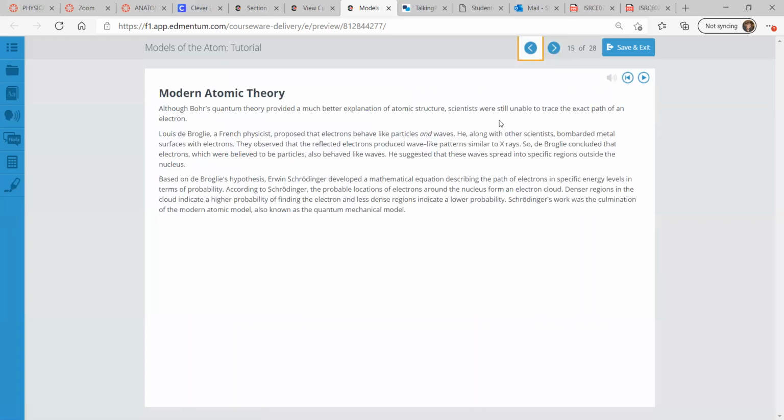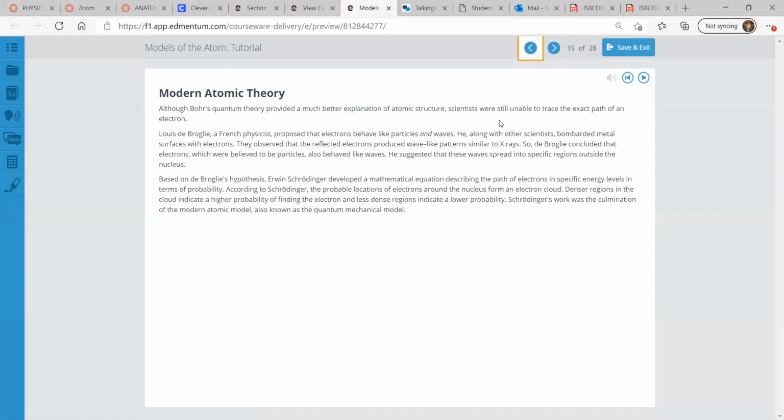And although his quantum theory provided a much better explanation of atomic structure, scientists were still unable to trace the exact path of an electron. Louis de Broglie, a French physicist, proposed that electrons behave like particles and waves. He, along with other scientists, bombarded metal surfaces with electrons.